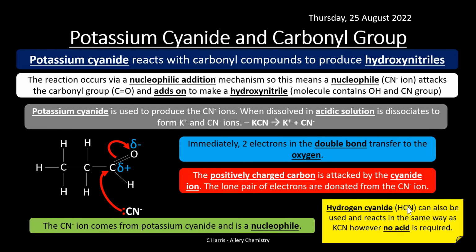Potassium cyanide exists as a solid. So hydrogen cyanide can also be used, and it reacts in the same way as potassium cyanide, but you don't need an acid for that reaction because it exists as a gas. To be honest, most of the time if you are going to do reactions like this, it's going to be potassium cyanide you would use. It's easier to handle practically.